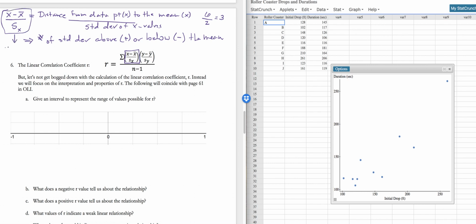So this calculation actually is something very specific. This formula is the formula for something called a z-score. This definition, number of standard deviations above or below the mean, is exactly what a z-score is. So in this formula we're finding the z-score for the x-coordinate times the z-score for the y-coordinate, and then we're adding all of those up.